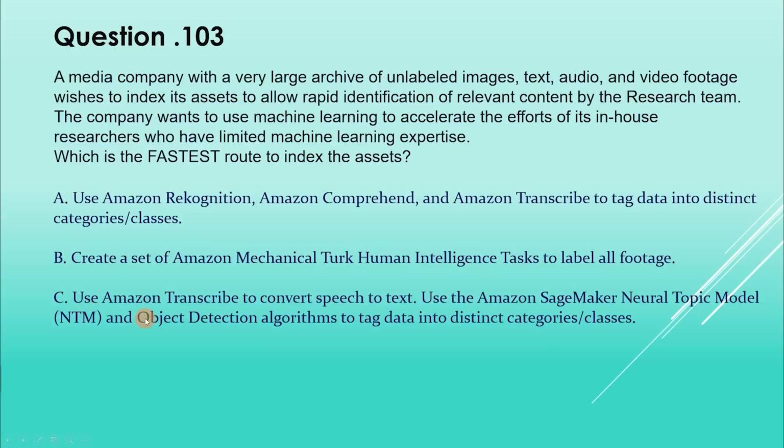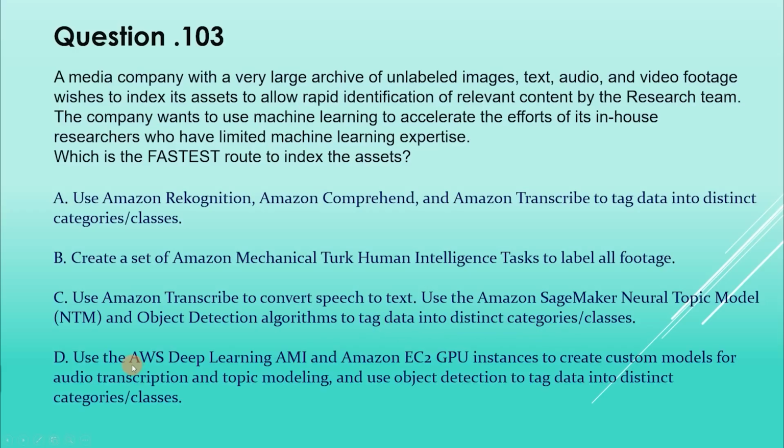Option C, use Amazon Transcribe to convert speech to text. Use the Amazon SageMaker Neural Topic Model and Object Detection Algorithm to tag data into distinct categories and classes. Option D, use the AWS Deep Learning AMI and Amazon EC2 GPU instances to create custom models for audio transcription and topic modeling, and use the object detection to tag data into distinct categories or classes.